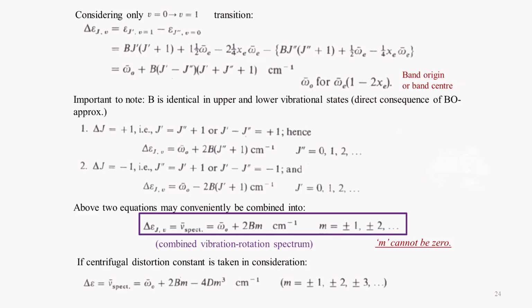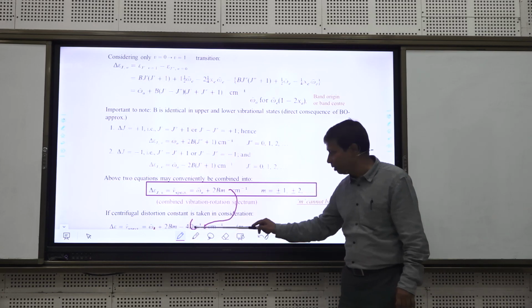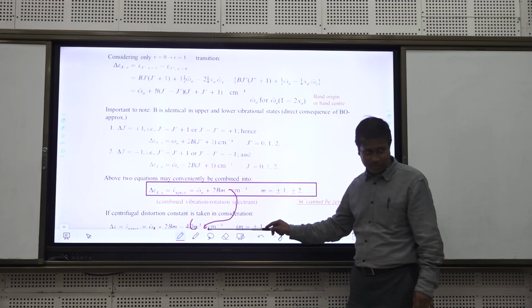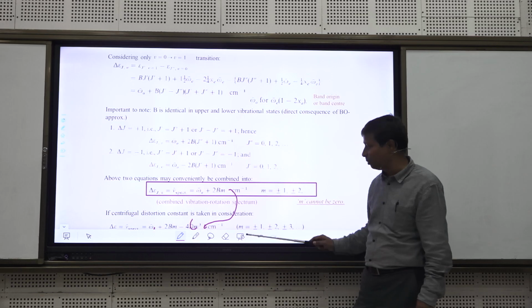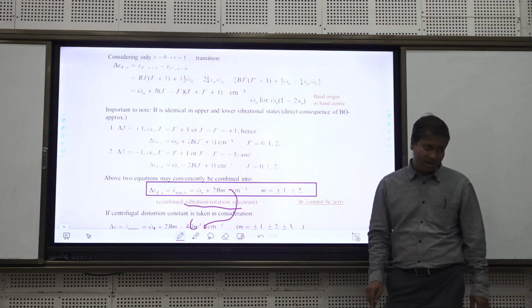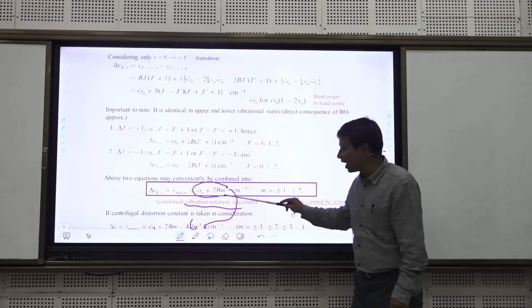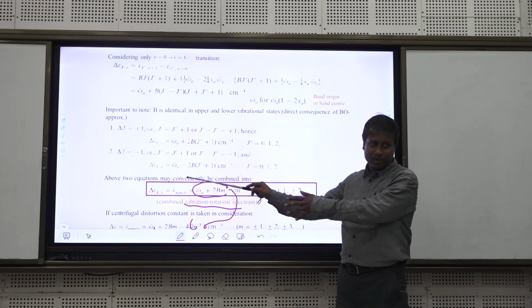Okay. So if you are considering the D term or H term, then it becomes omega 0 plus 2Bm minus Dm cubed. Otherwise, this is the simplest example. This expression is called the combined vibration-rotation spectrum. So you can use this expression and get that spectrum.